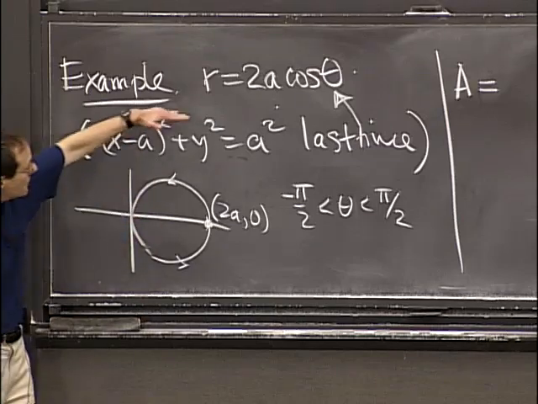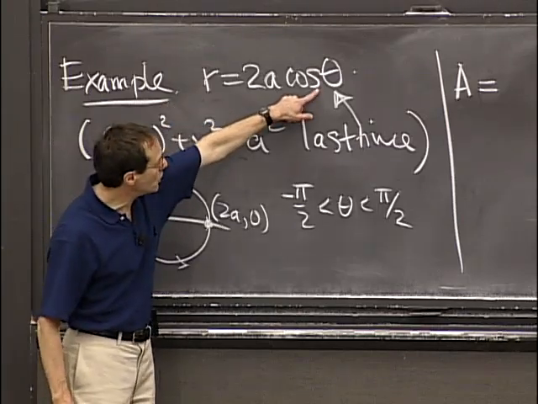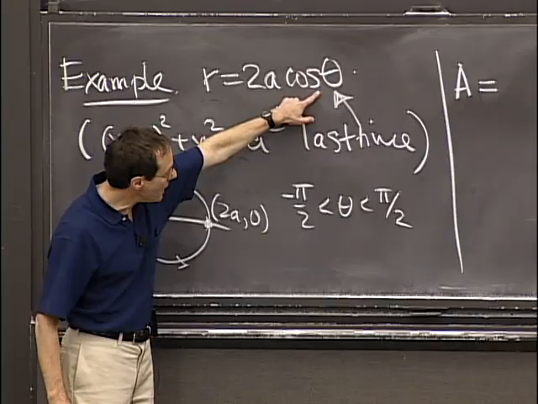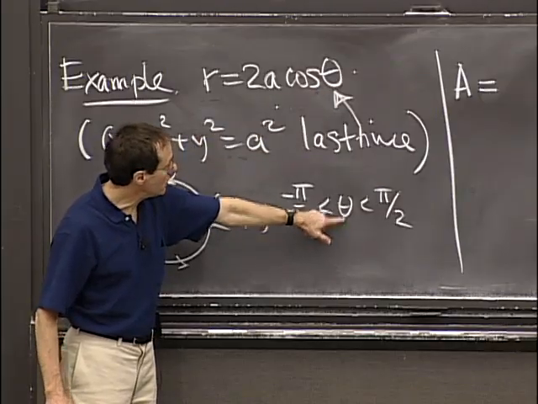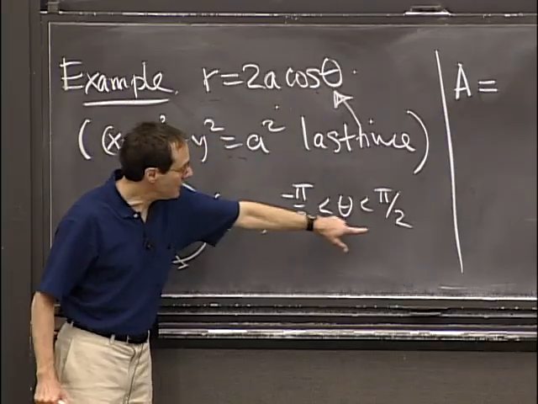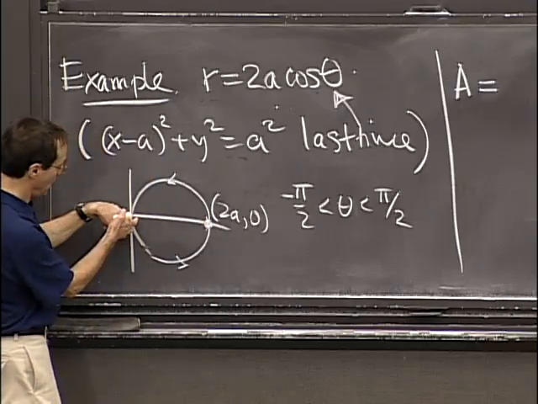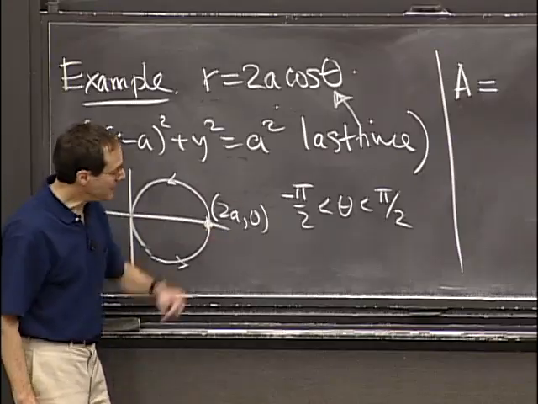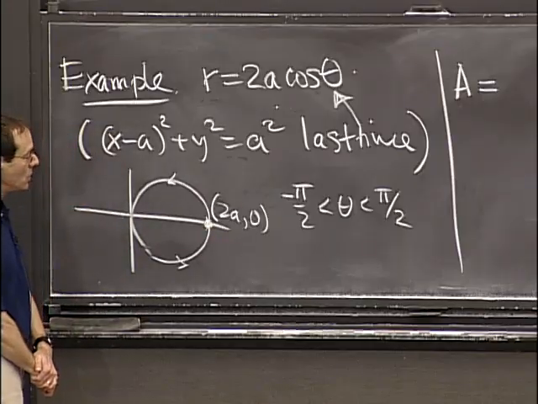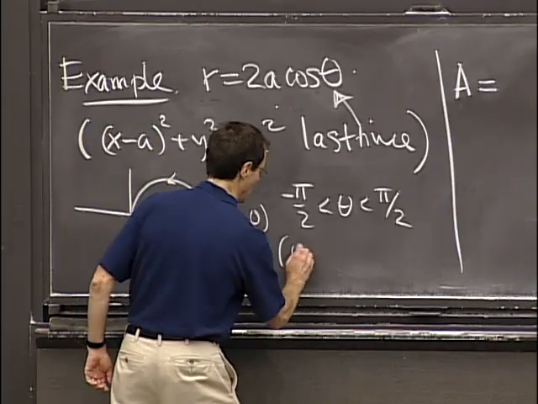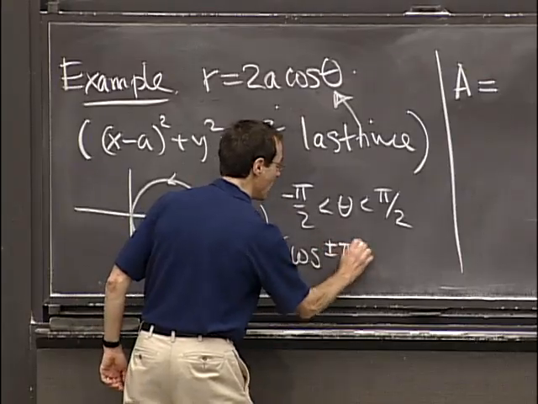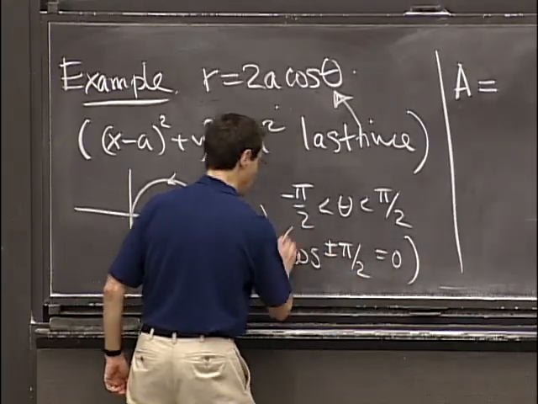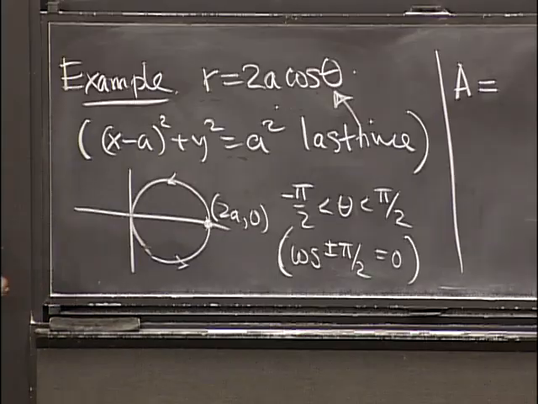You can also get it directly from this formula if you realize that cosine is positive in this range, and at the ends, it's 0. So at the ends, cosine of plus or minus pi over 2 is equal to 0. That's what cinches this up like a little sack, if you like.